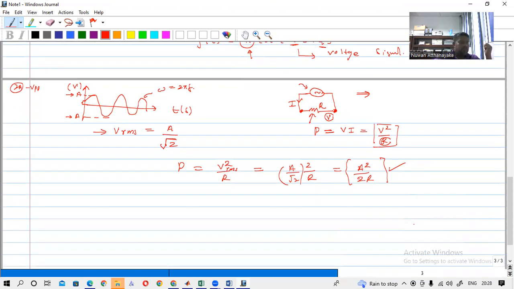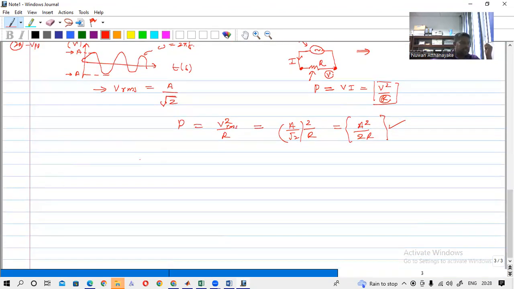So if you get any sinusoidal signal and you are asked to find the power, the power of a sinusoidal signal is equal to the amplitude squared divided by 2R. Let's say we consider this R as 1 ohm.